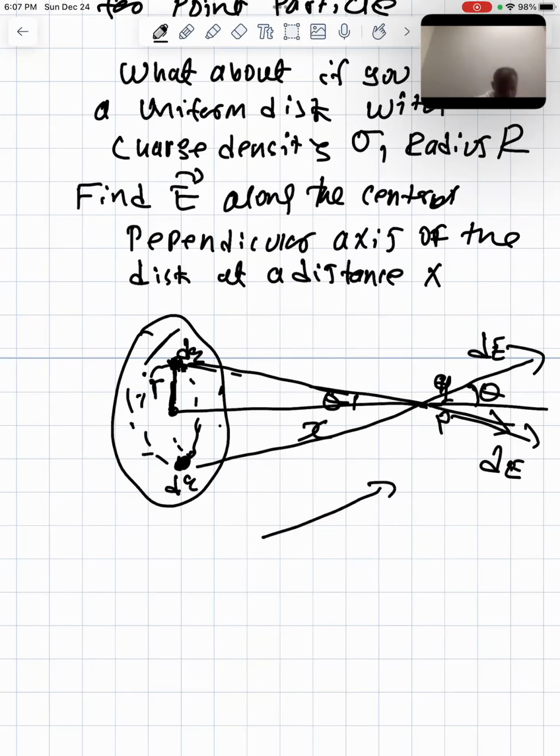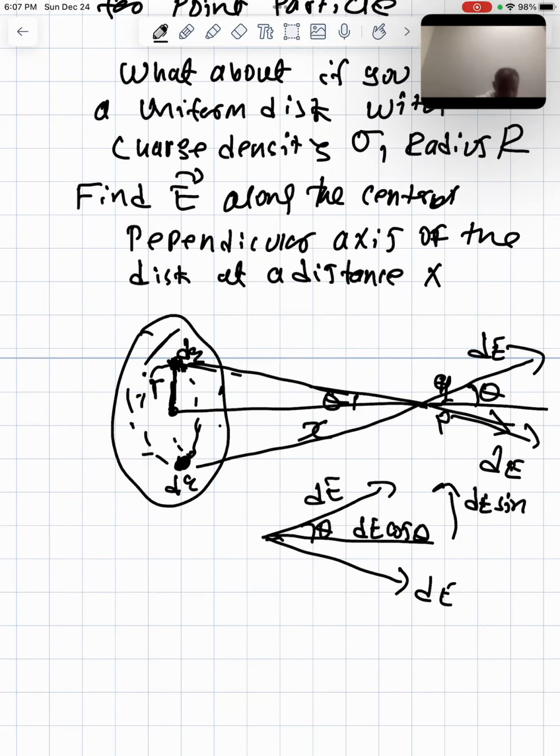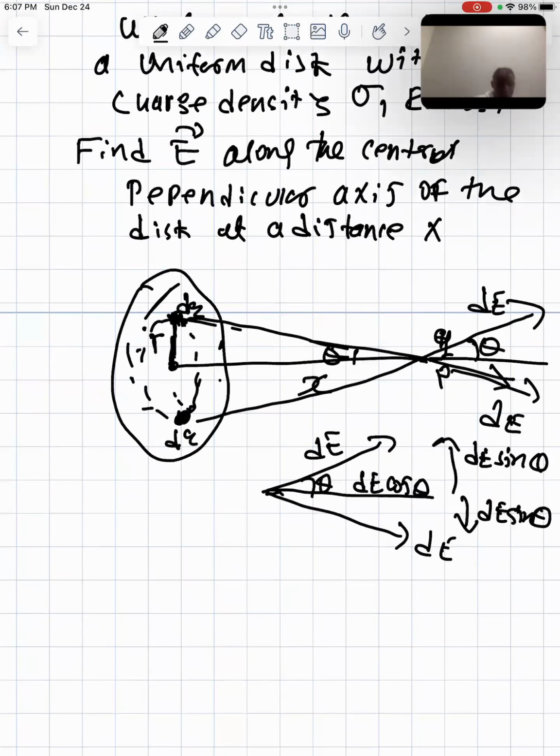So in other words, you have one dE from here, and you have another dE from here. And this is theta, okay? And this is dE cosine of theta, and you have dE sine of theta up, and then you have dE sine of theta down. So like before, because of the symmetry, every electric field in the other direction cancels, except the electric field in the x direction.